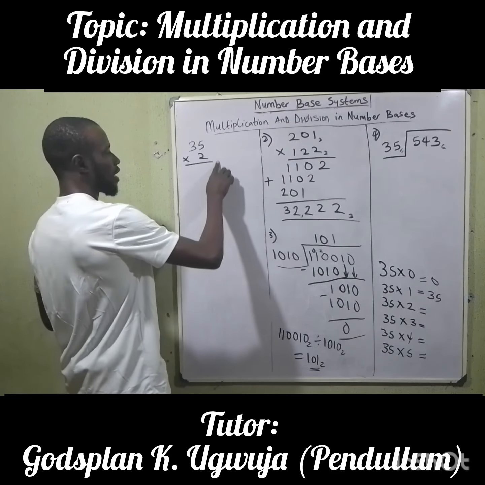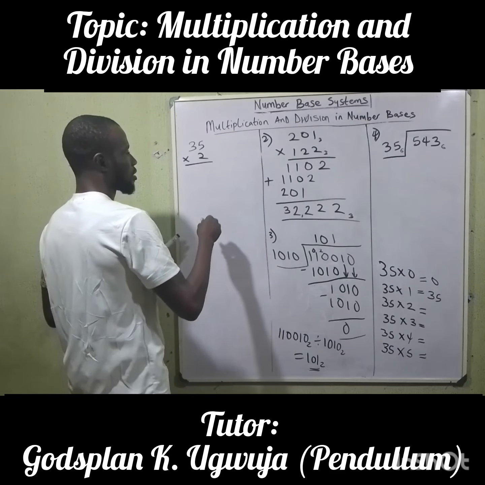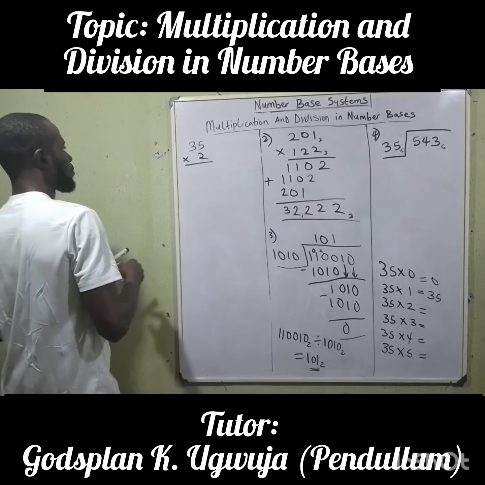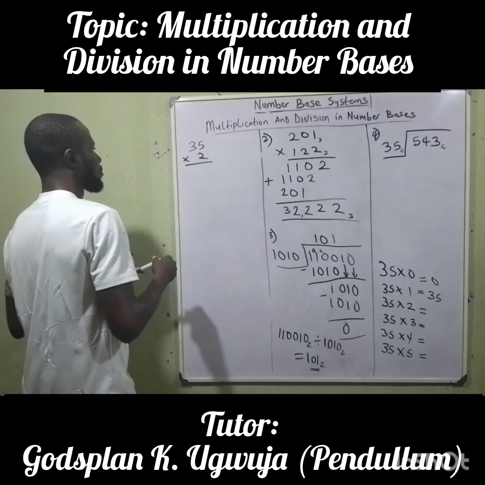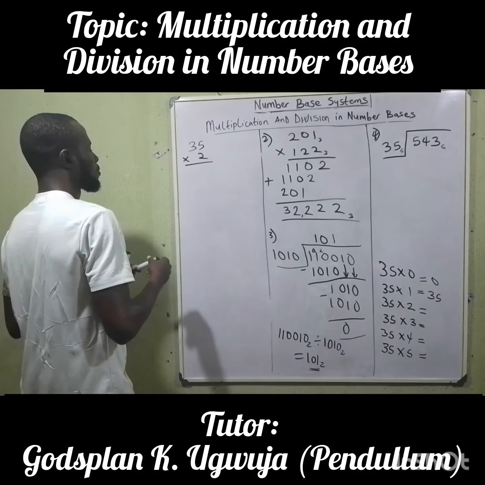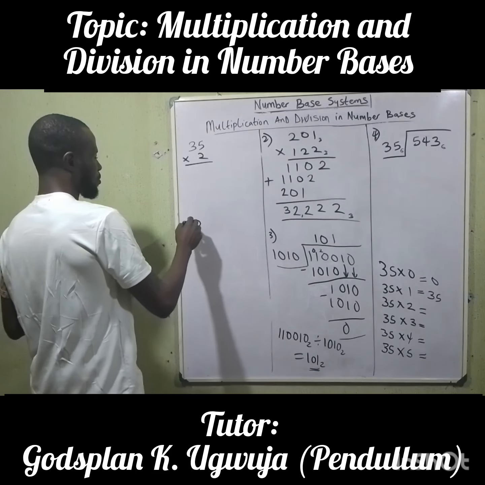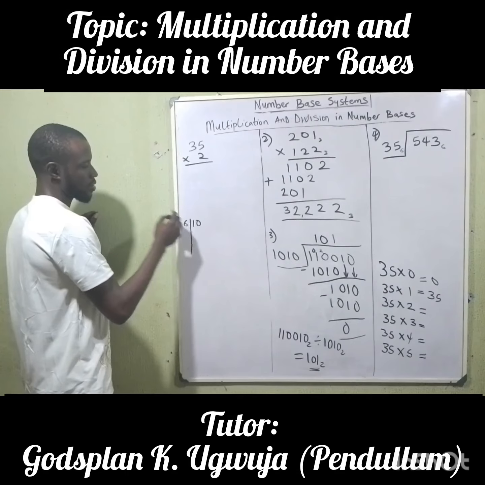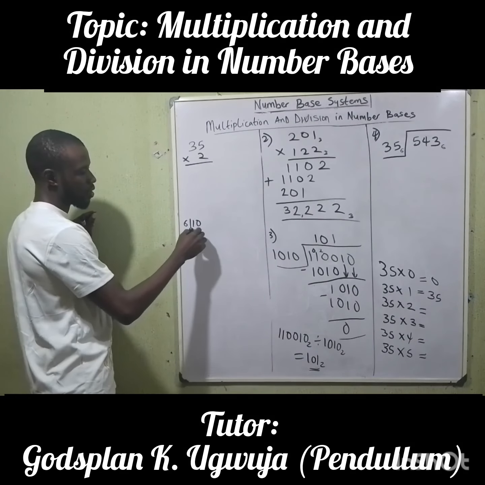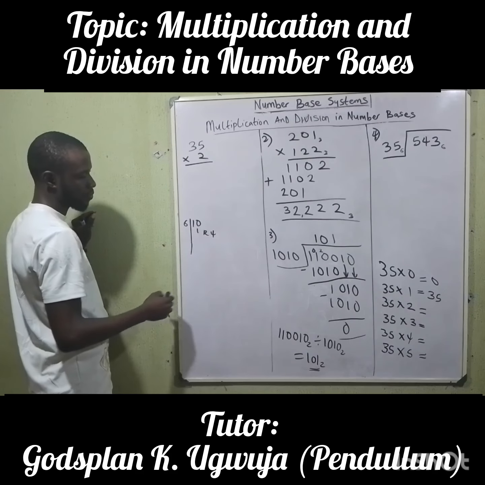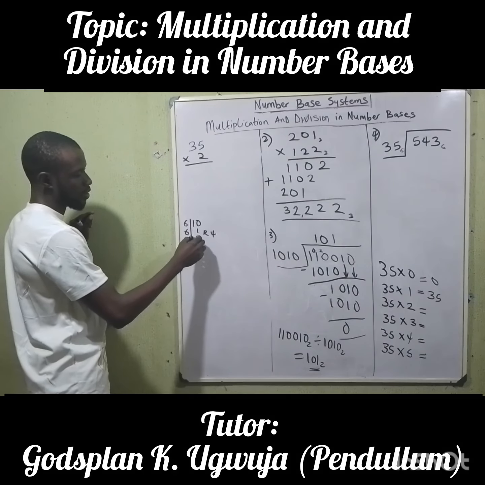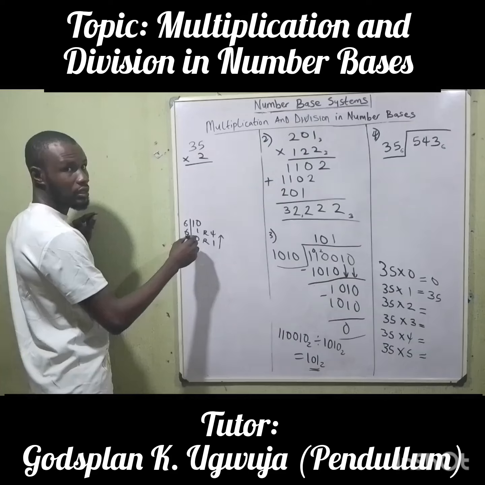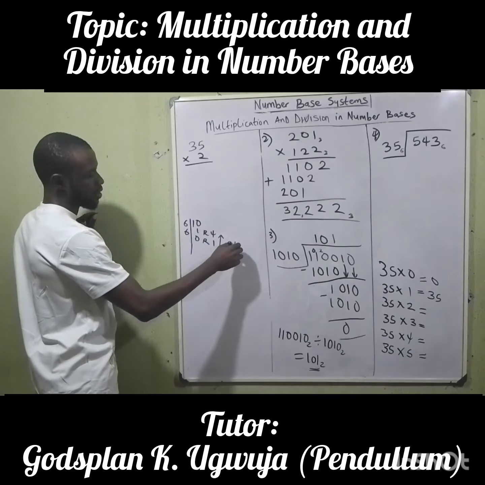I'm going to have to convert 10 to base 6. So we'll convert it to base 6, and this is 1 remainder 4, and 0 remainder 1. So 10 is 14 in base 6.